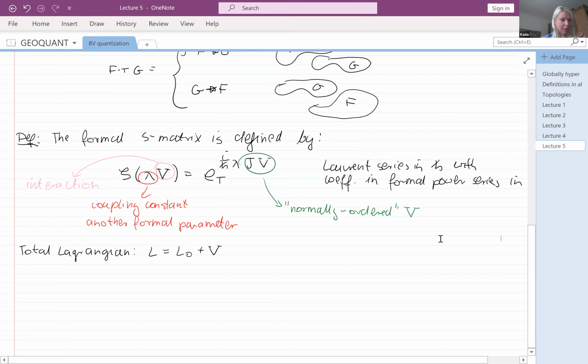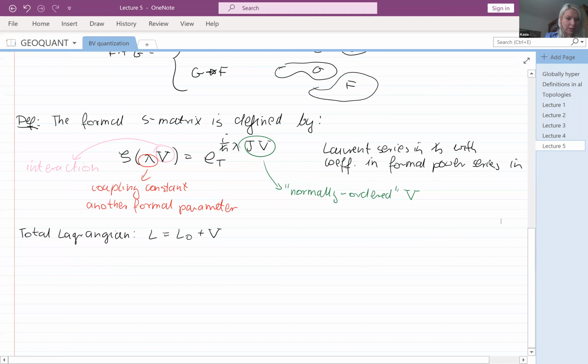And well, the reason to use it is to define the interacting fields. So, interacting observables are defined as follows.